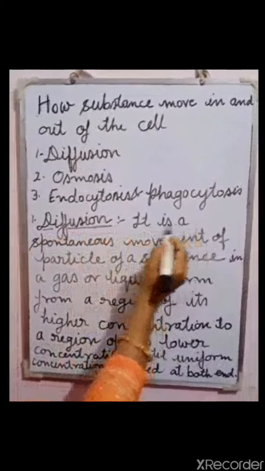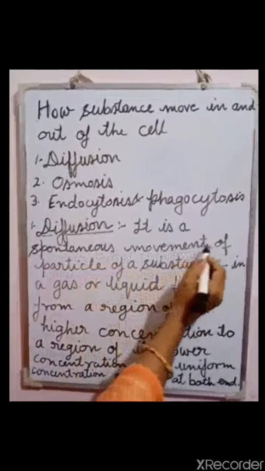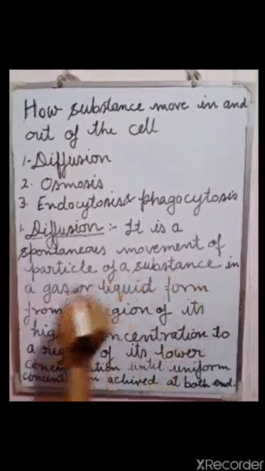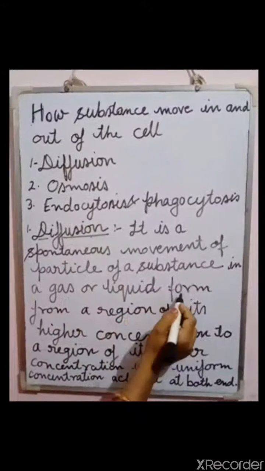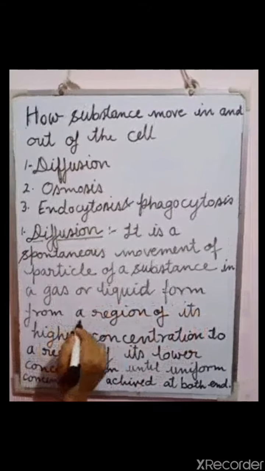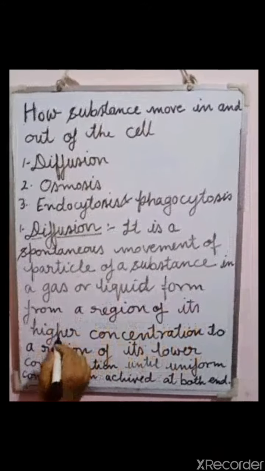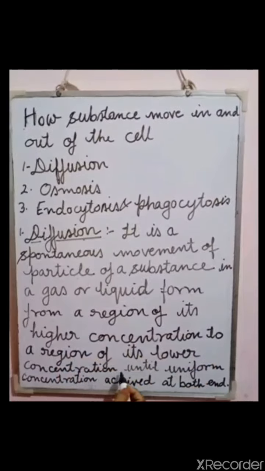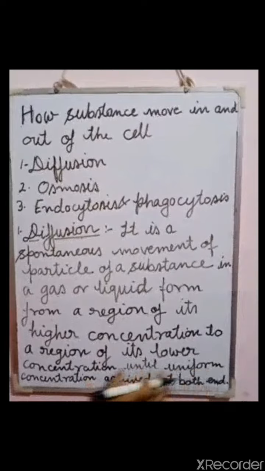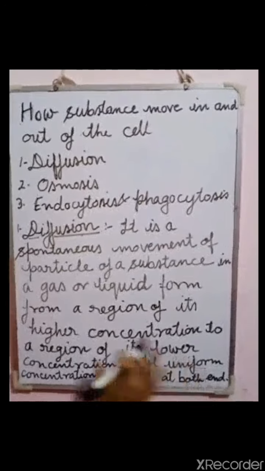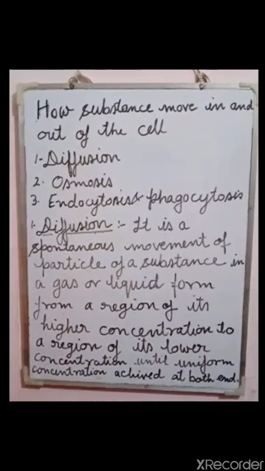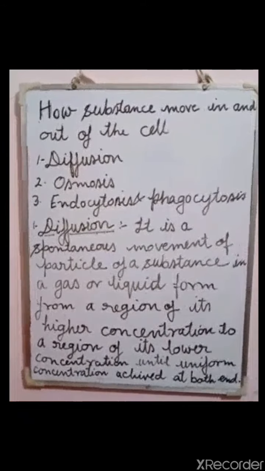Diffusion is the spontaneous movement of particles of a substance in a gas or liquid form from a region of its higher concentration to a region of its lower concentration until uniform concentration is achieved at both ends. This is the definition of diffusion.